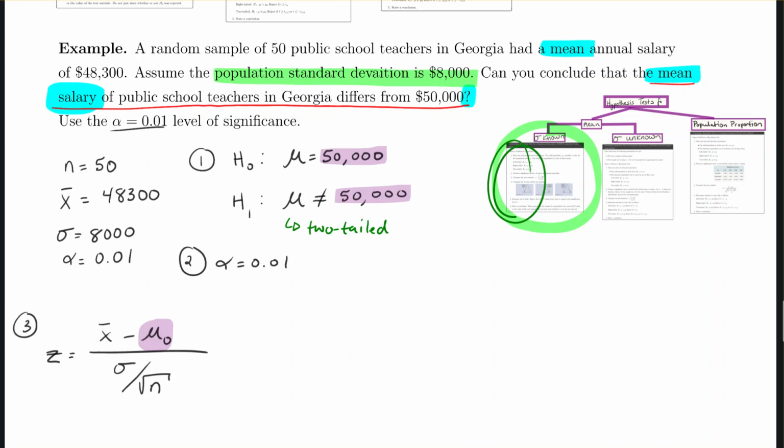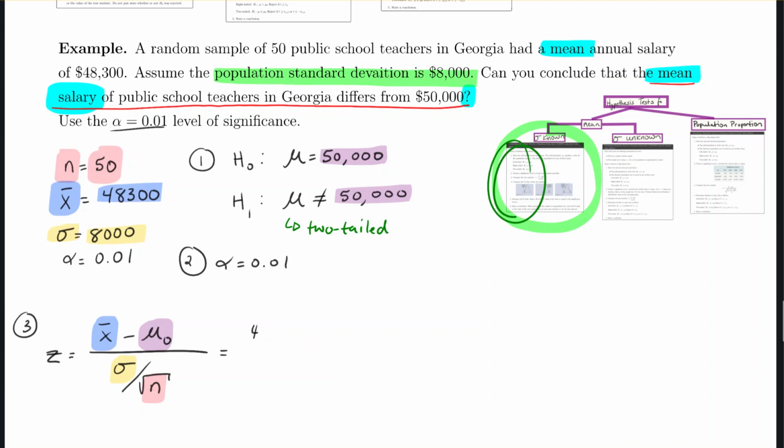We've already got our sample mean, 48,300, and we've got our population standard deviation and sample size. So as before, take a moment now to pause the video, calculate the test statistic on your own, rounded to 2 decimal places, unpause to check your work.